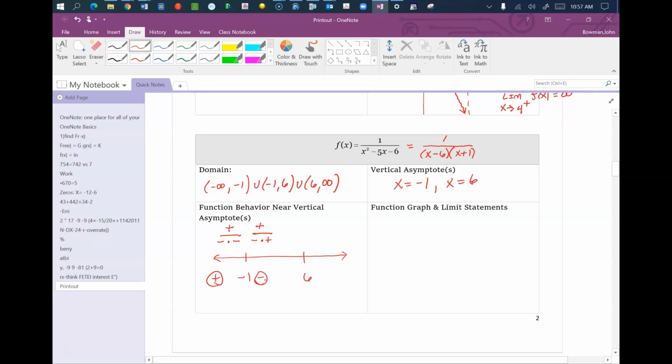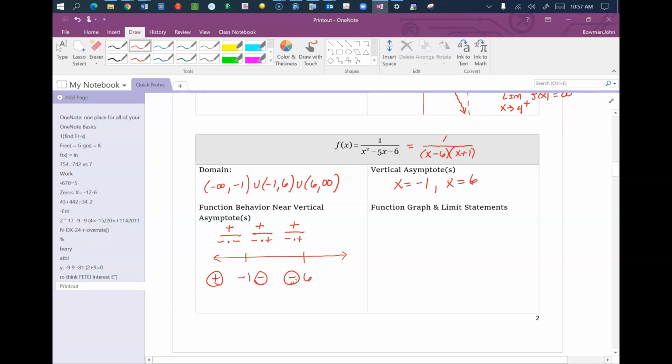So let's pick a number close to +6 and see what happens. Positive 5.9. We have a positive number in the numerator. Positive 5.9 minus 6 is negative. Positive 5.9 plus 1 is positive, so we have a negative times a positive, which is also negative.